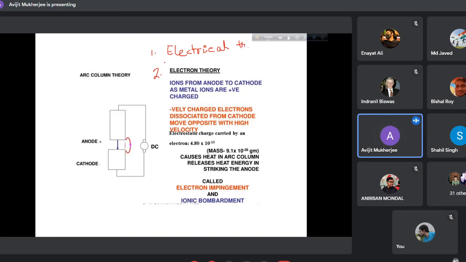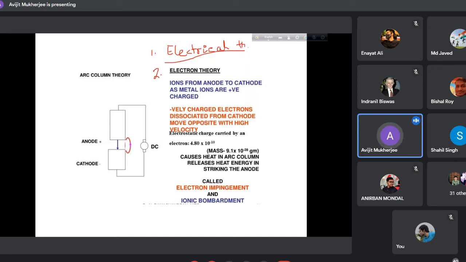And another is the electron theory. Though it is not mentioned here, you can go through any books and you will understand.